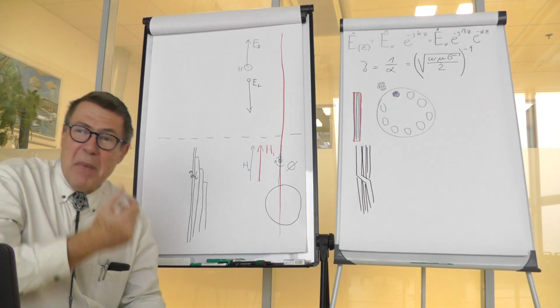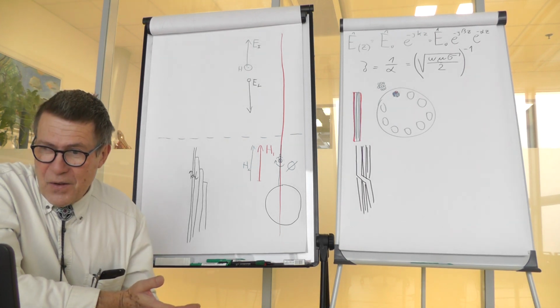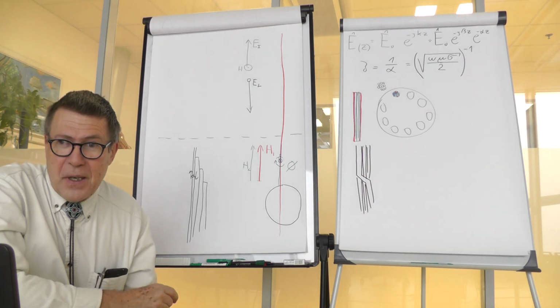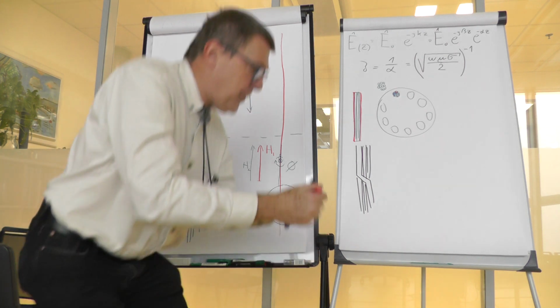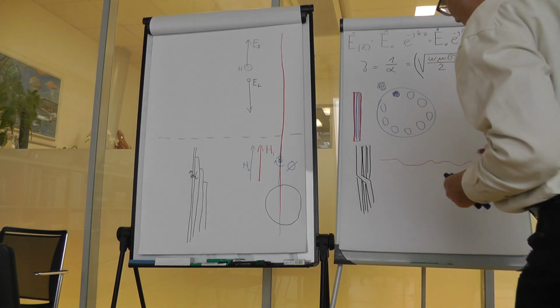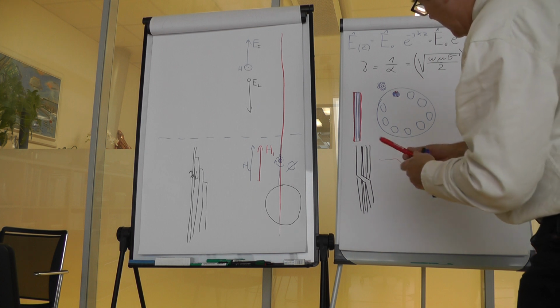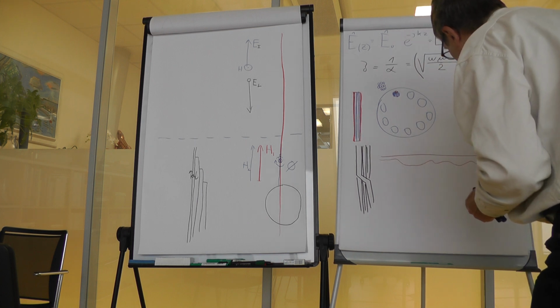Why? Well, just imagine that at frequencies of microwaves and even terahertz, you have the skin depth of 1 micrometer. So if you have a surface of a conductor and it's done this way, then the current does not flow directly along the surface.